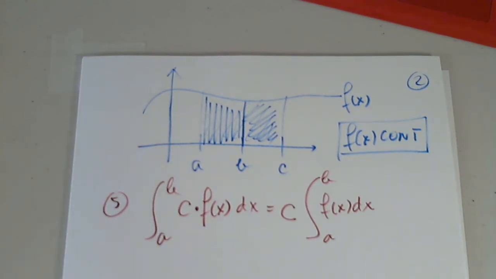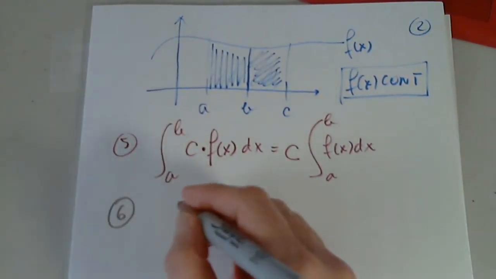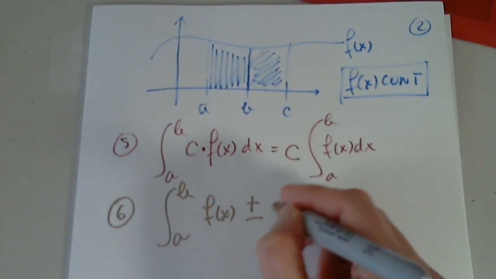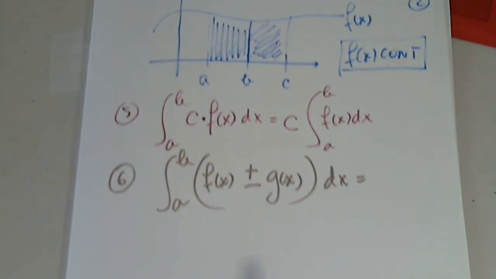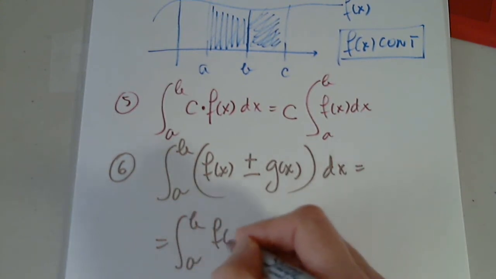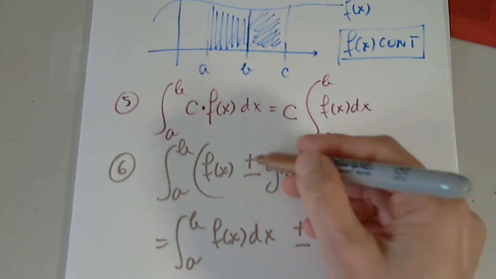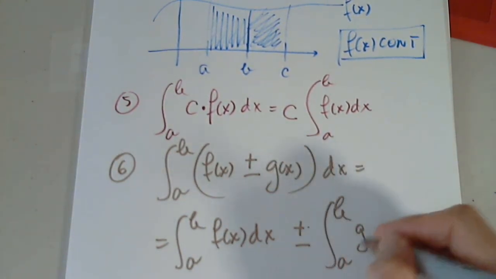I can also apply the definite integral to any difference or sum of functions. The integral from a to b of f of x plus or minus g of x dx is the same as with limits. So this will be the integral from a to b of f of x dx plus or minus, depending on what I have, if I have plus, plus; if minus, minus, the integral from a to b of g of x dx.